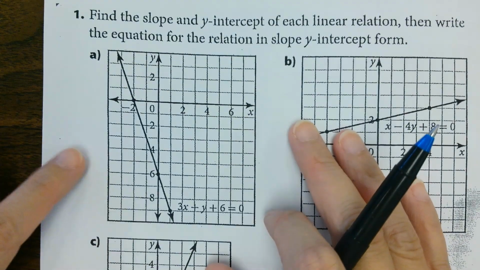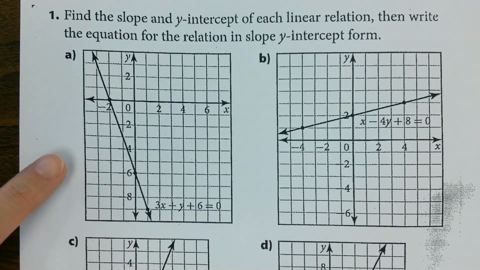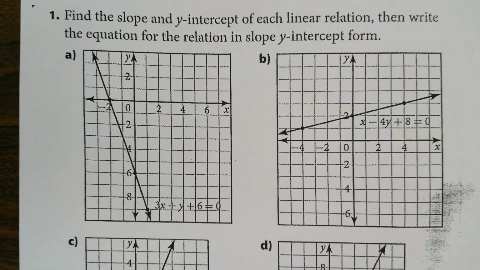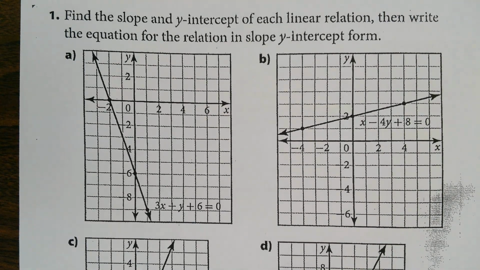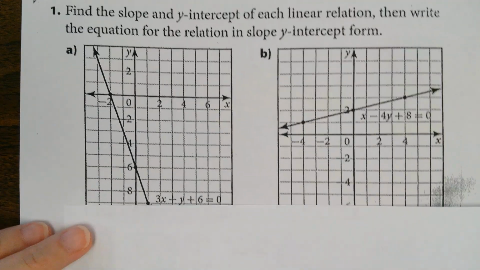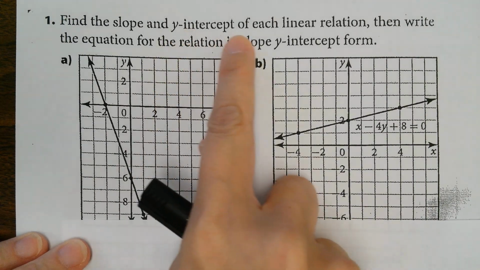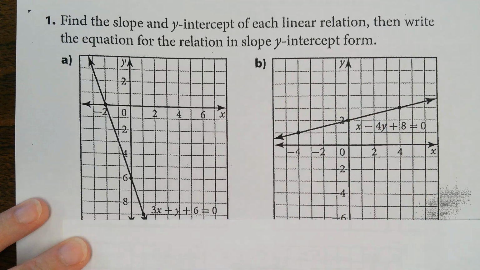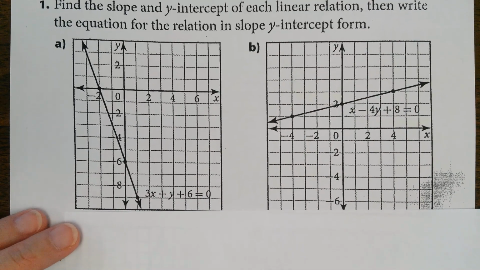Yeah, there we go. So I'm going to do one with you guys. This one. Okay, so on the back, I'll just do 1A with you guys, and then I want you guys to try the rest on your own. This ties into what we're going to do tomorrow as well. Okay, so find the slope and y-intercept of each linear relation, then write the equation of the relation in slope y-intercept form.